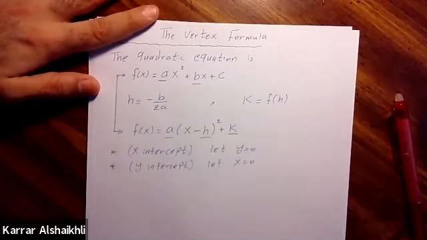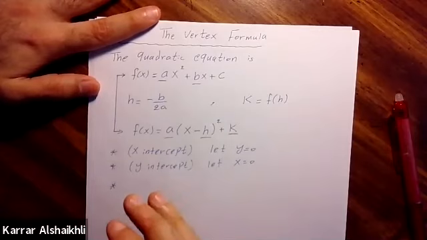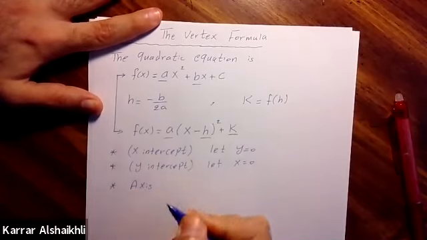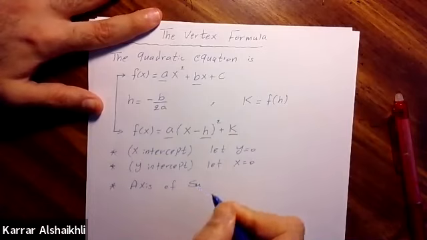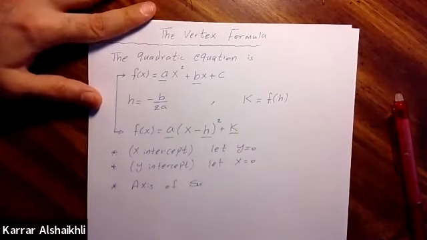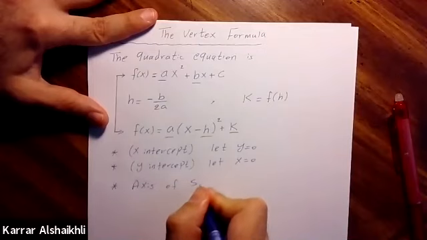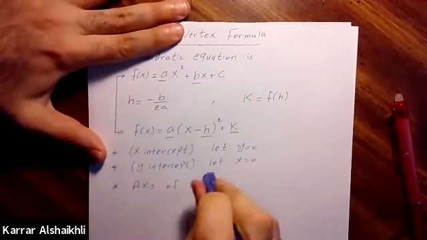Here's another important thing. This is really important because they're going to ask you to find the axis of symmetry. So I need you to write down these notes to find the axis of symmetry.